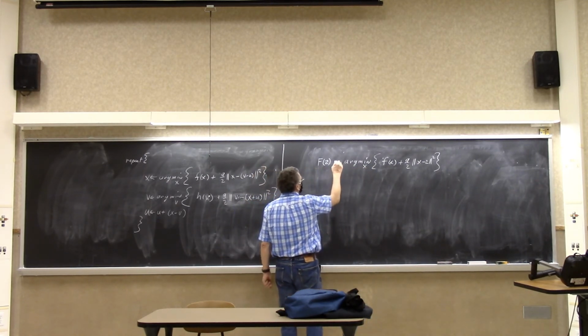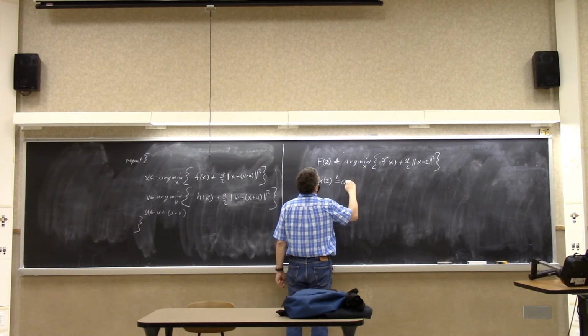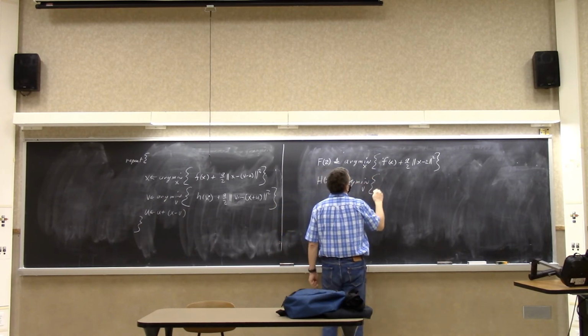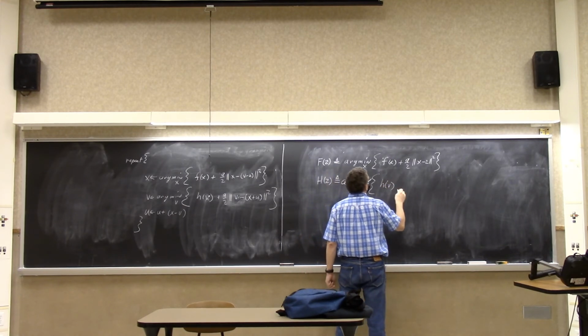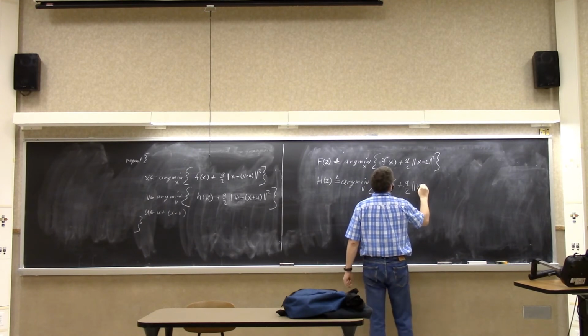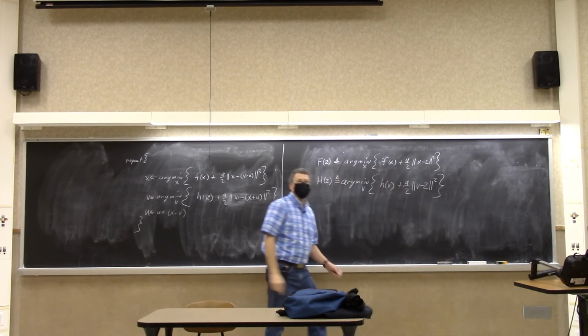And I'm defining this. And then h of z is equal to arg min over v of h of v plus a over 2 norm of v minus z squared. Okay?